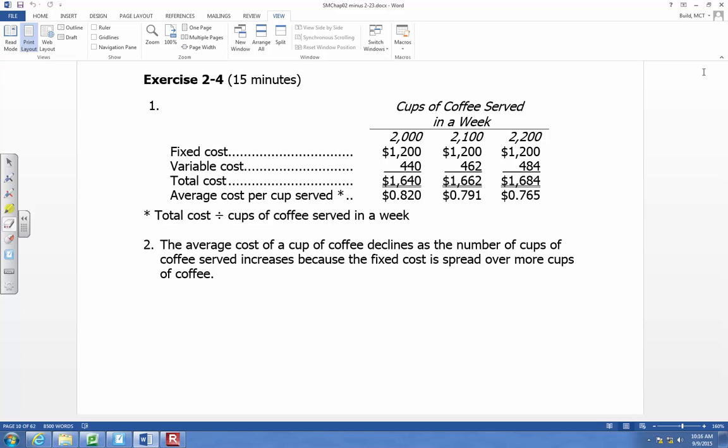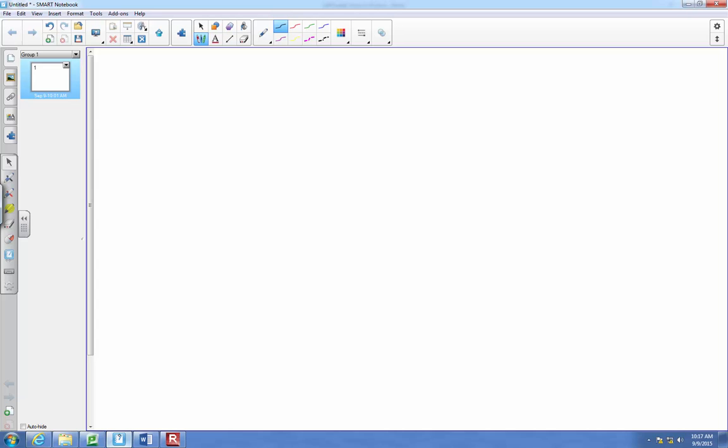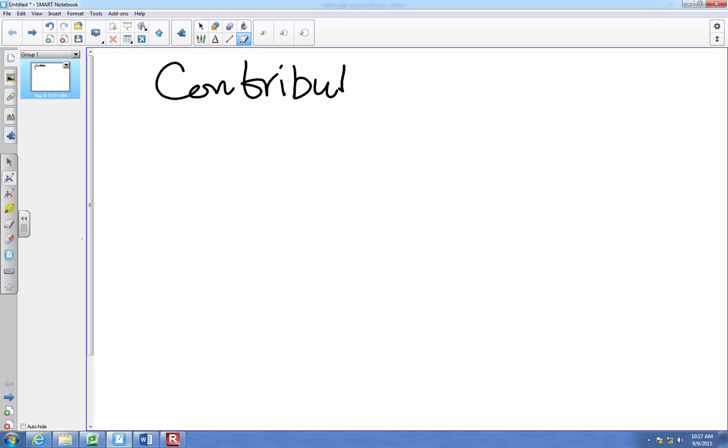Okay, 2-6. Traditional and contribution margin format income statements. So contribution margin is a new concept. What is contribution margin?